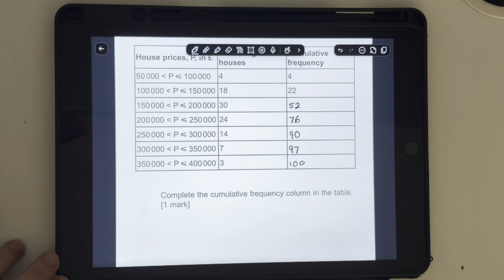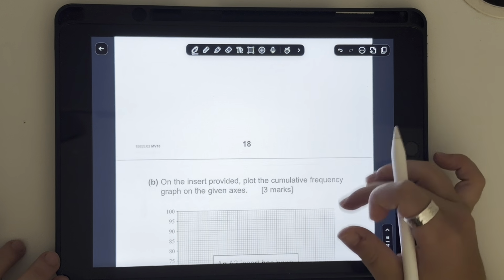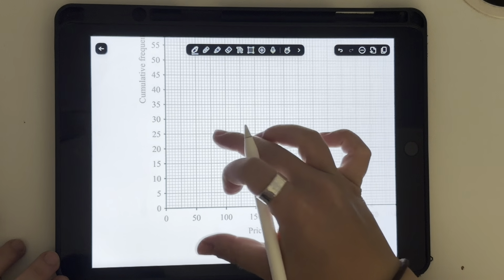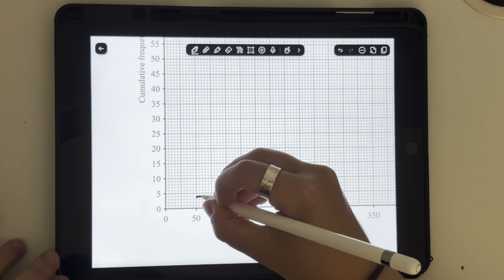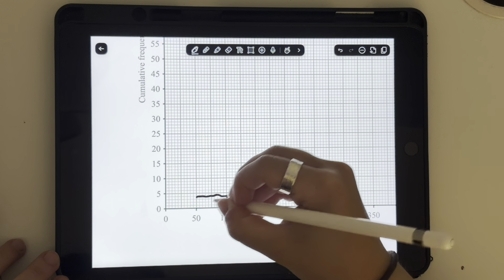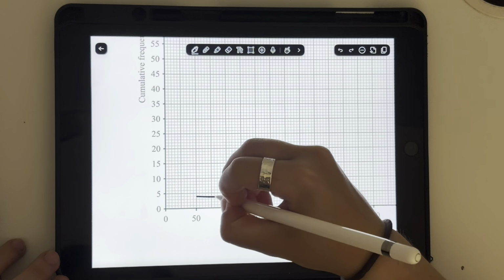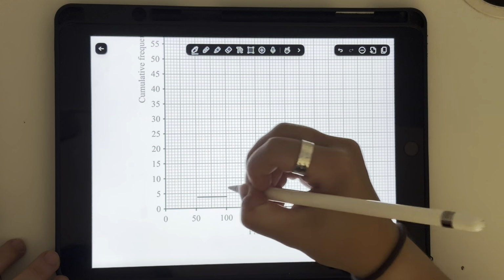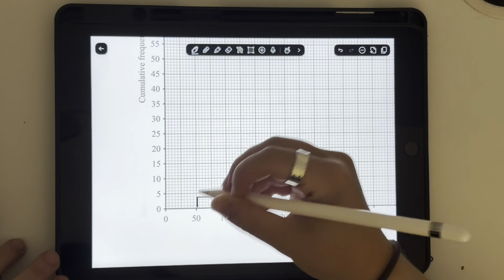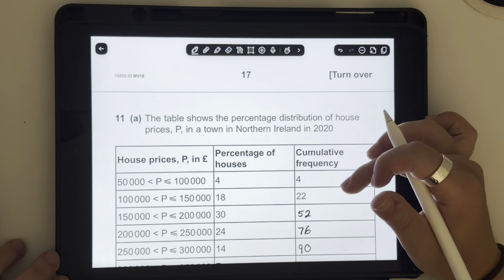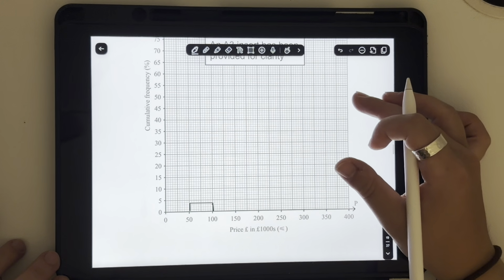So from 50,000 to 100,000, we're going up to 4. Then up to 150, we're going up to 22.